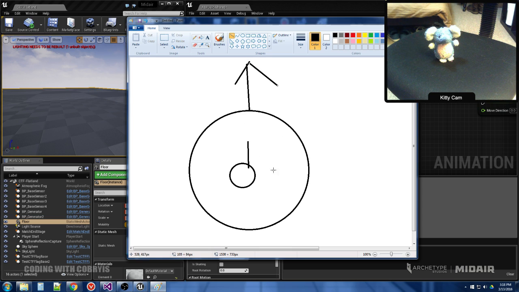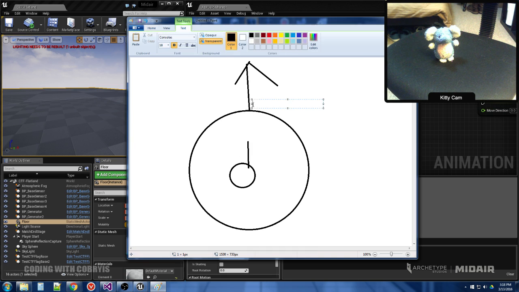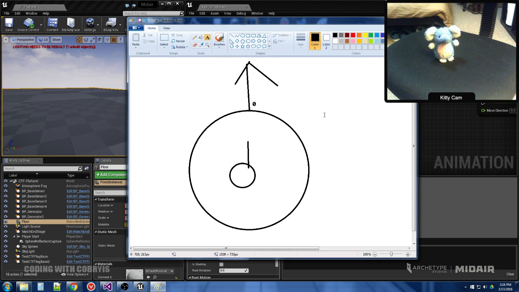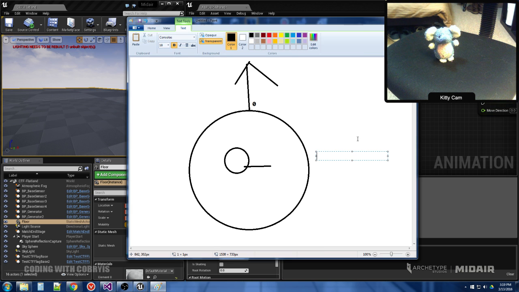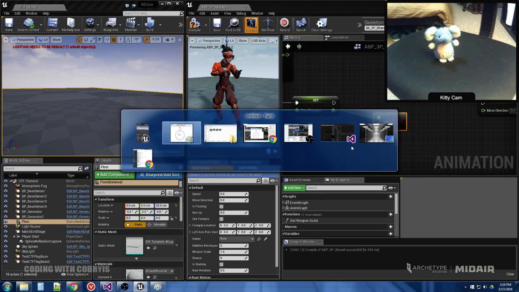When they're facing along their velocity, where they're looking is along their velocity, that will be 0. Alright. When they face to the right here, but their velocity is the same, they're still moving that direction. It's negative 90. It's negative 90 as we saw.